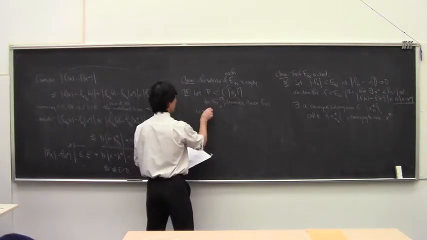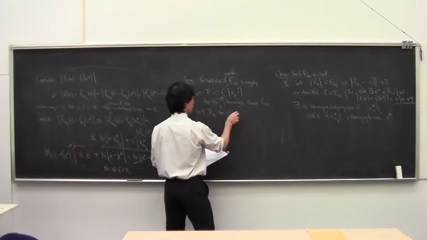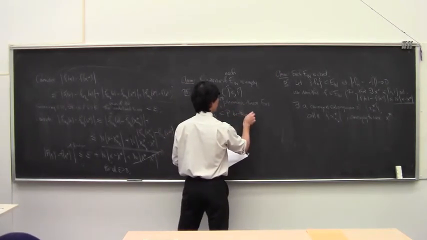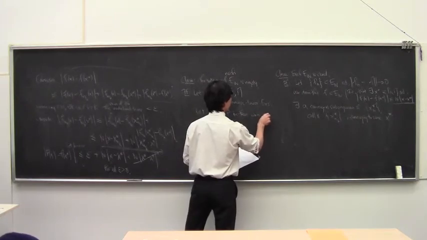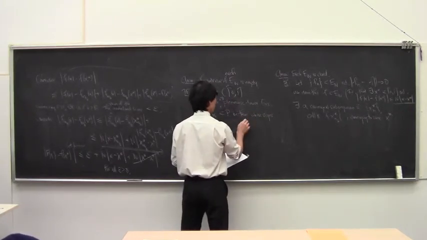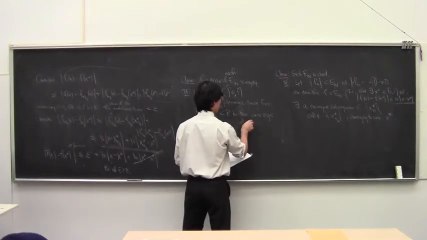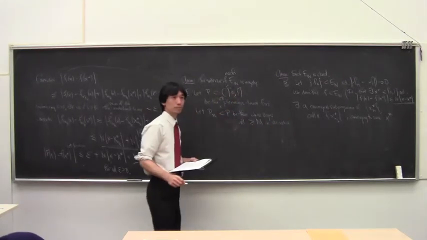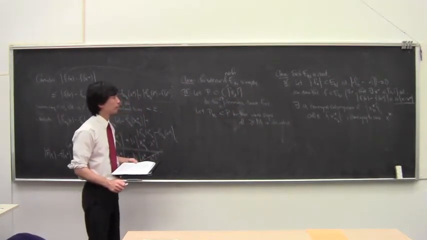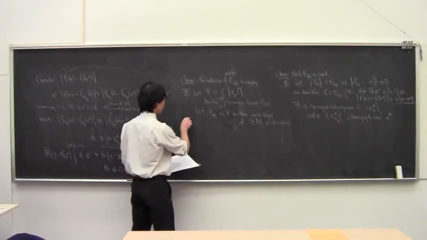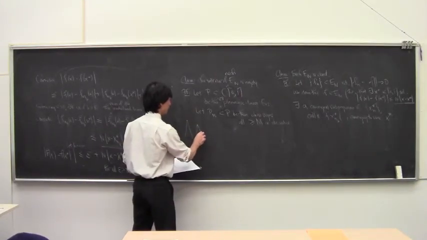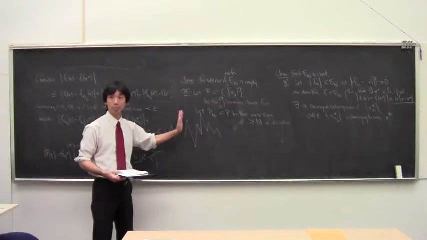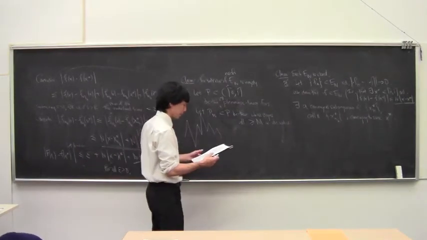And let P sub M be those functions whose slopes are all greater than or equal to M in absolute value. So we want the ones who have slopes bigger than M. They'll be piecewise linear, and the slopes are all going to be bigger than some value in absolute value.